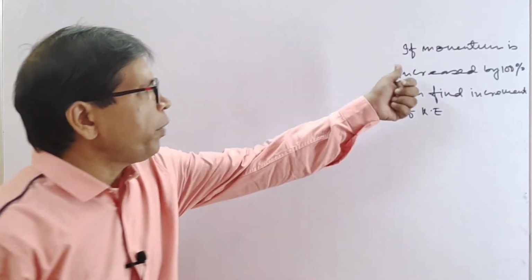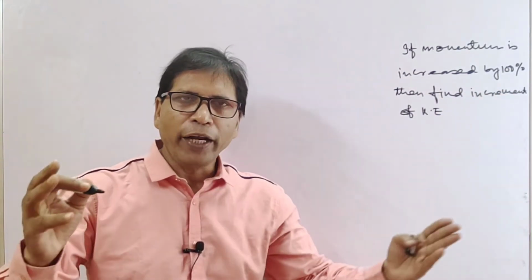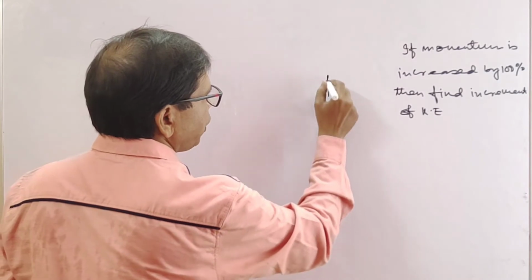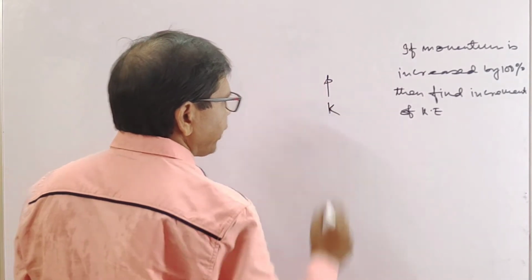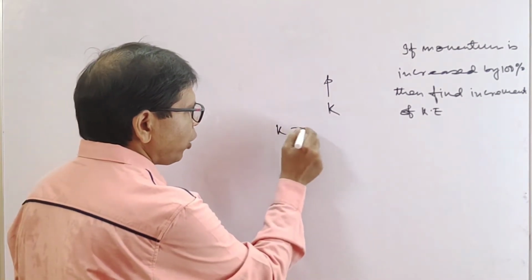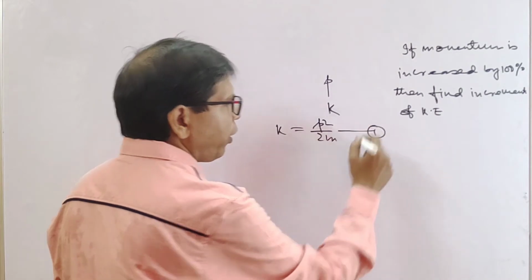If momentum is increased by 100%, then we have to calculate the increment of kinetic energy. Suppose initial momentum is p and initial kinetic energy is K. So K = p²/2m, this is relation number 1.